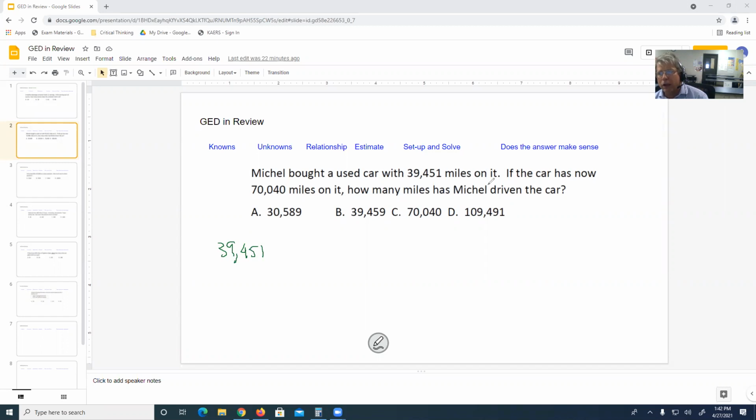His car now has 70,040 miles on it. And how many miles has Mitchell driven? So we also know that 70,040 is what's on it now. What we don't know is how many miles he's driven. So that's going to be the unknown.